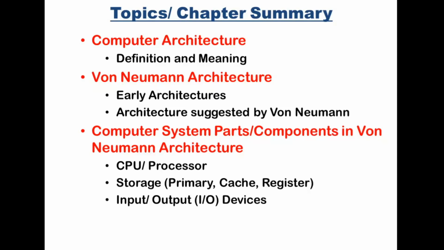After that, we have studied computer system parts or components in von Neumann architecture, and these were CPU or processor, then storage including primary, cache, register and secondary storage, then the input output devices.